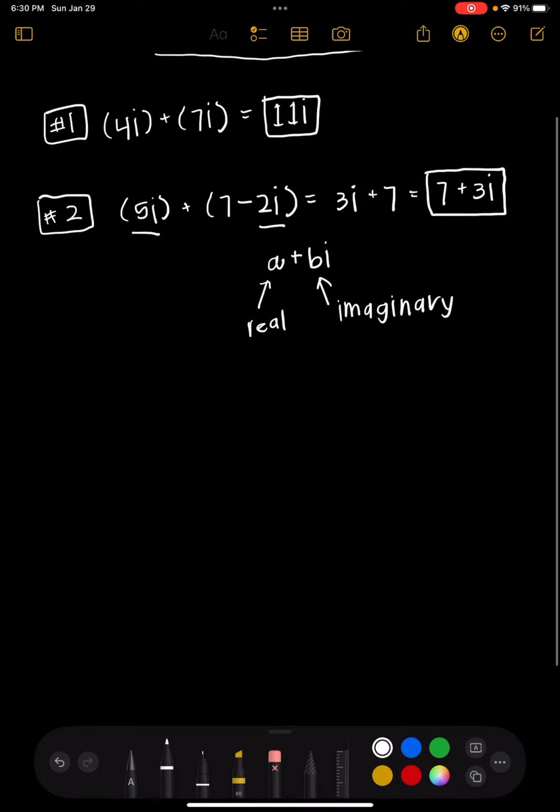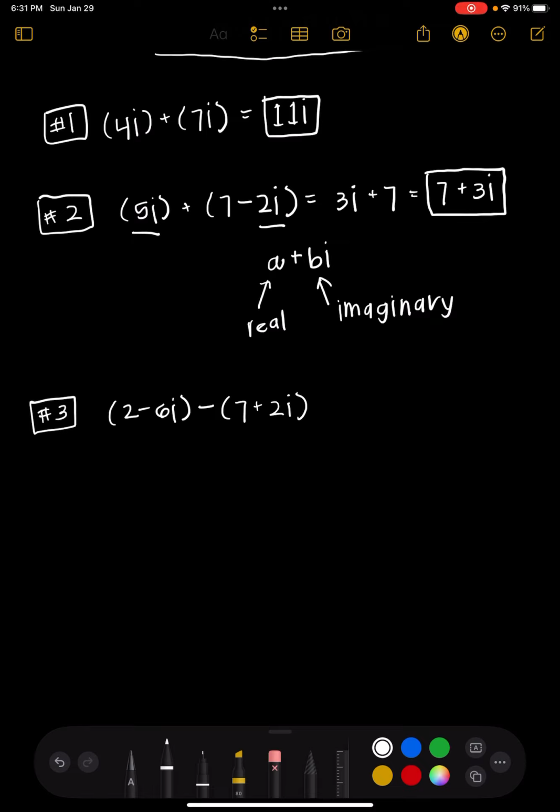Okay, let's do the third example. The third example is subtracting. We have 2 minus 6i minus 7 plus 2i. So the first thing we have to do in this case is to distribute that negative sign, because when we're subtracting a complex number, you're subtracting both the real part and the imaginary part.